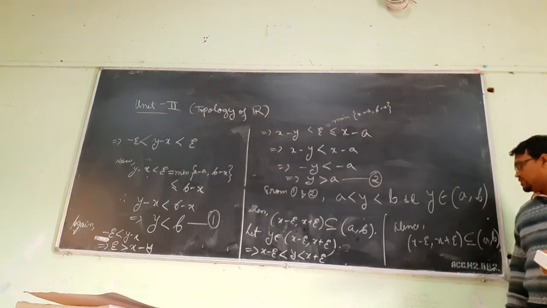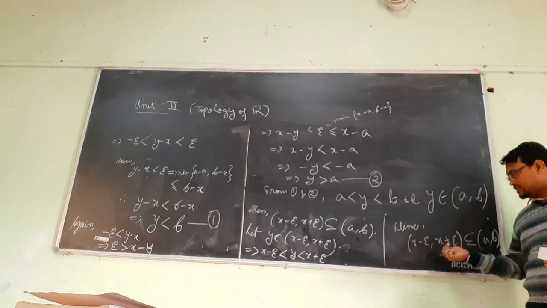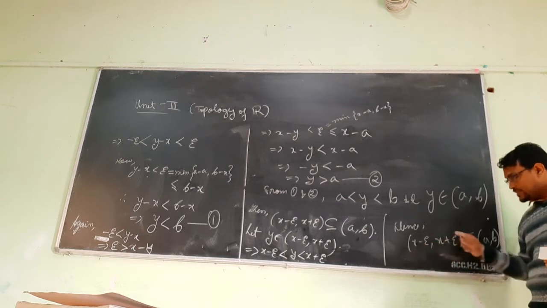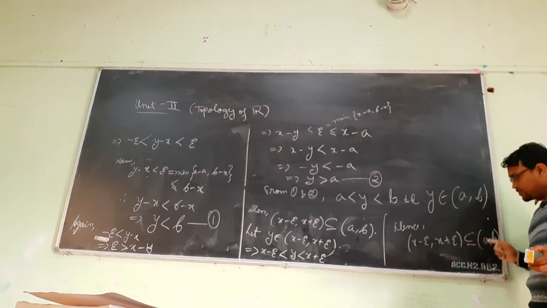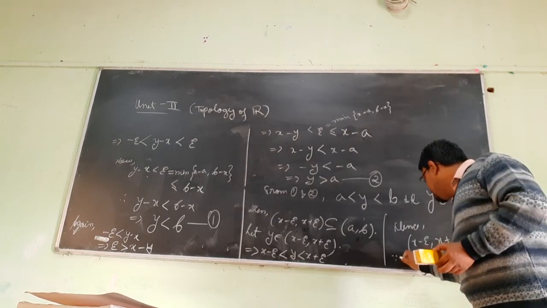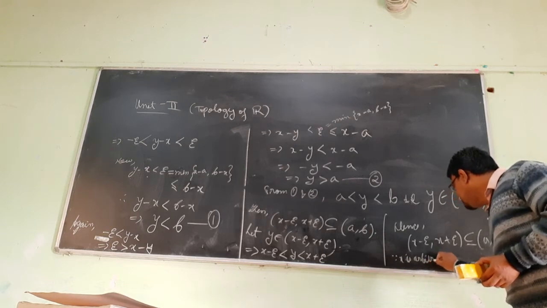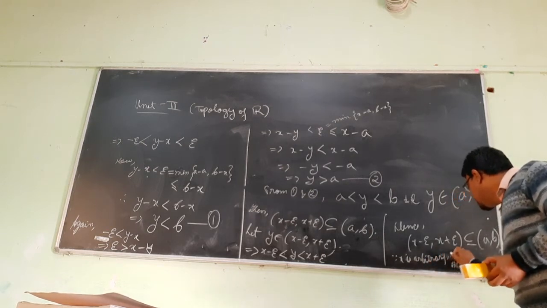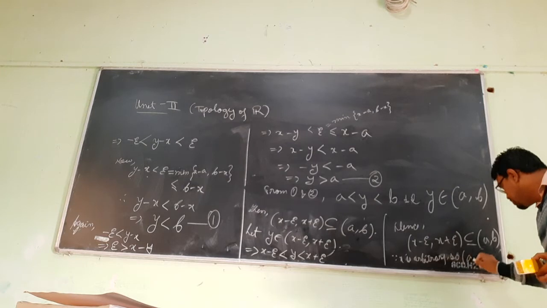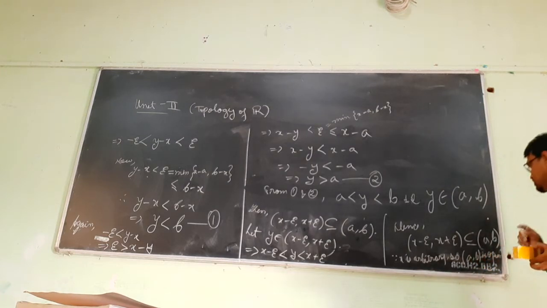A set is open if for every x we get an interval of this type which is a subset of that set. Since x is arbitrary, this (a, b) is open. It's an open set.